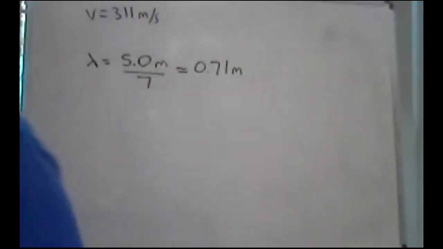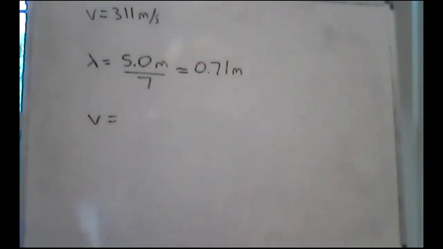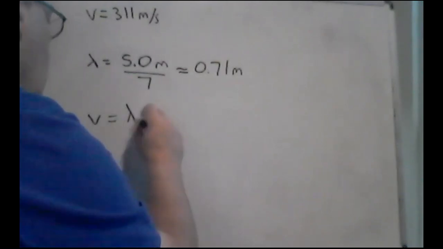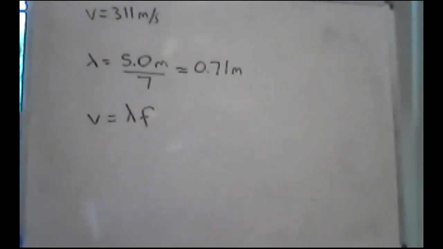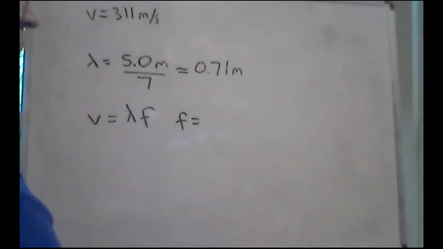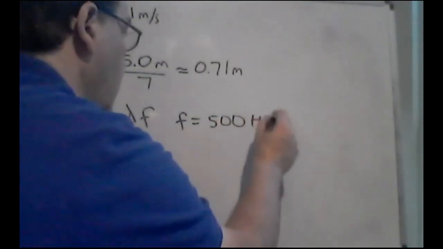I can also look at it this way: v equals lambda f. I just got done computing a speed of sound, and I know the universal wave formula for waves, and I can read on the display that the frequency that is set is 500 hertz.